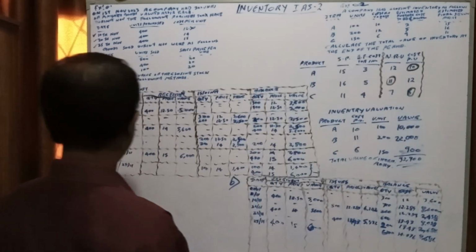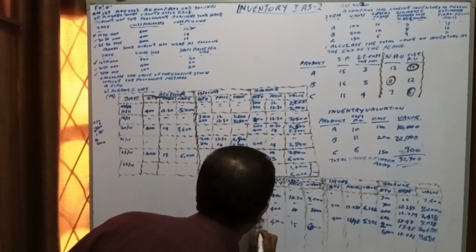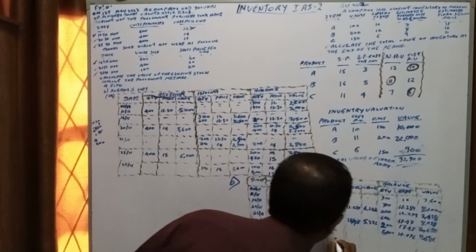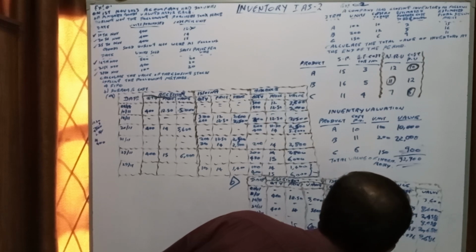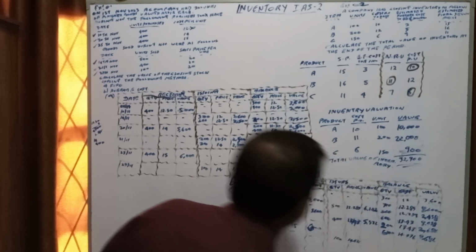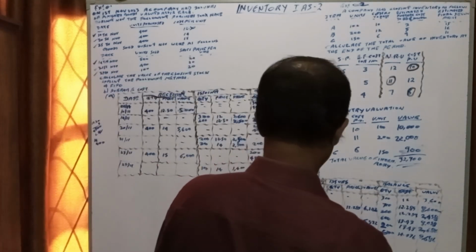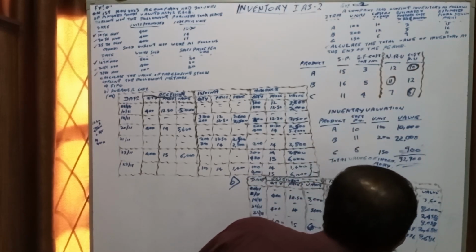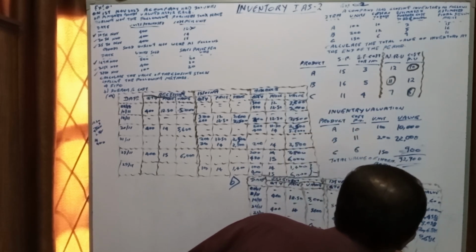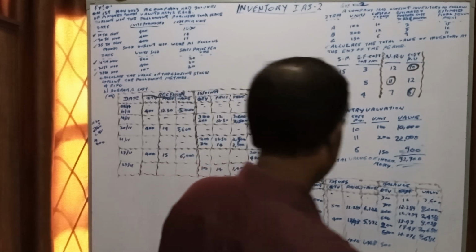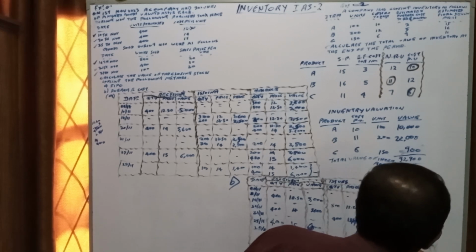Then on 28th of November, they are making a sale of 100 units at the rate of 14.476, into 100, that is 1,448. Here another 500 units will be there at the rate of 14.476.